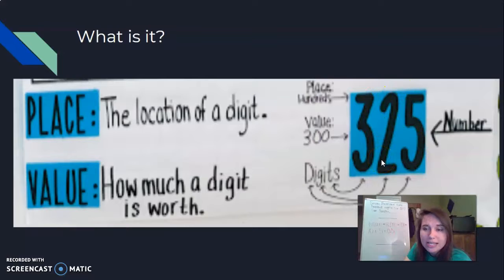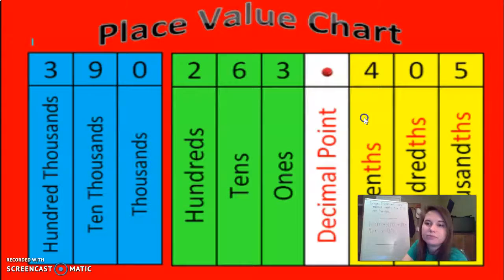Our 2 is in our tens place, so that would be like 20, so 25. And then a 3 in the hundreds place value, so that would be 300. So 325 would be the amount of this whole thing. But the value is broken up into just the place value. So this is the 300 value.